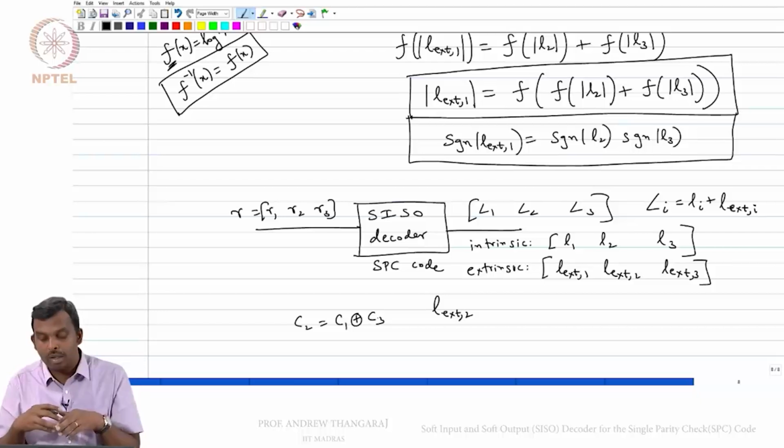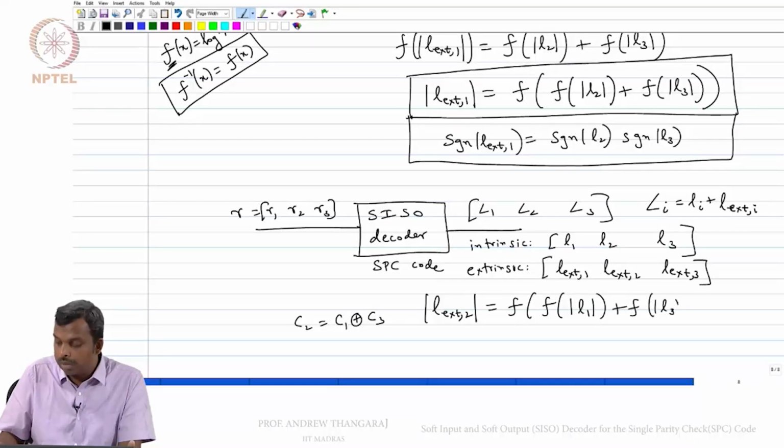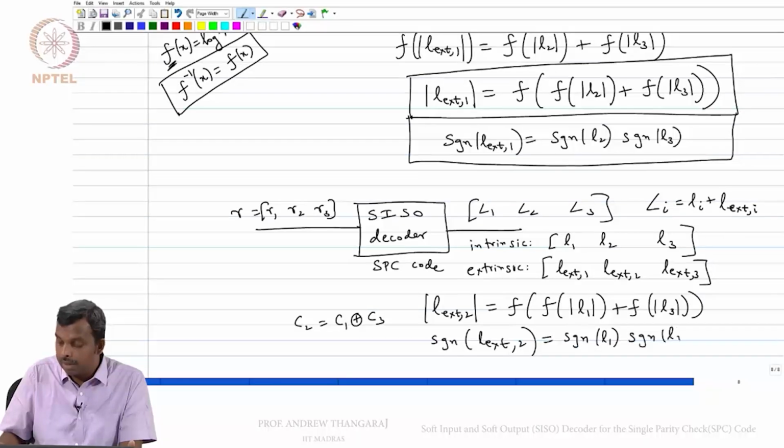Wherever you have 2 and 3, you replace them with 1 and 3, and you will get Lx2. Here the absolute value is f of absolute value of L1 plus f of absolute value of L3, and the sign of Lx2 is sign of L1 multiplied by sign of L3.